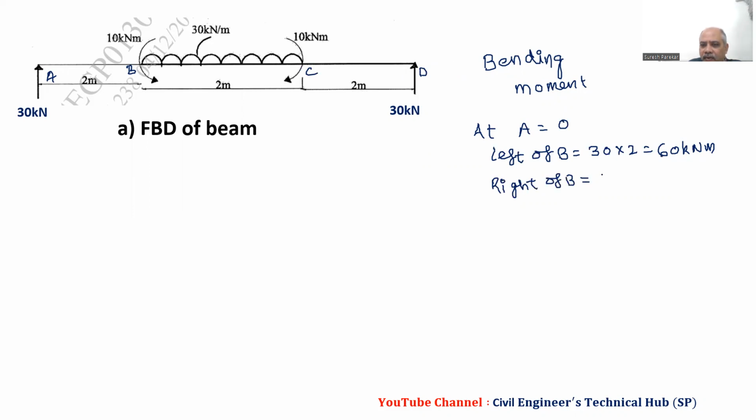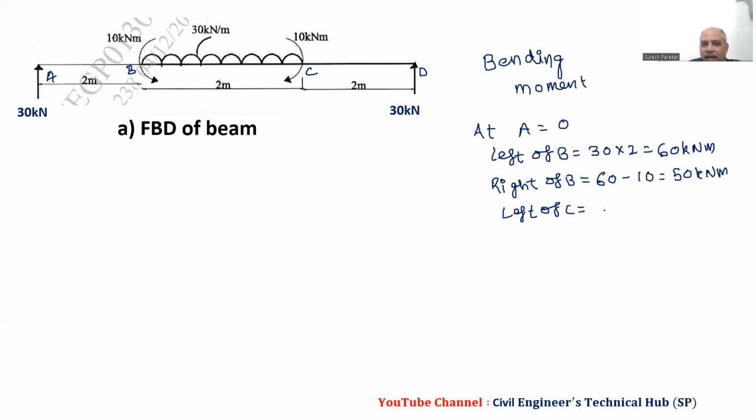Only that moment which is anti-clockwise we have to consider, so 50 kilonewton meter. Then we have left of C. It is symmetrical, so B and C actually have the same values.